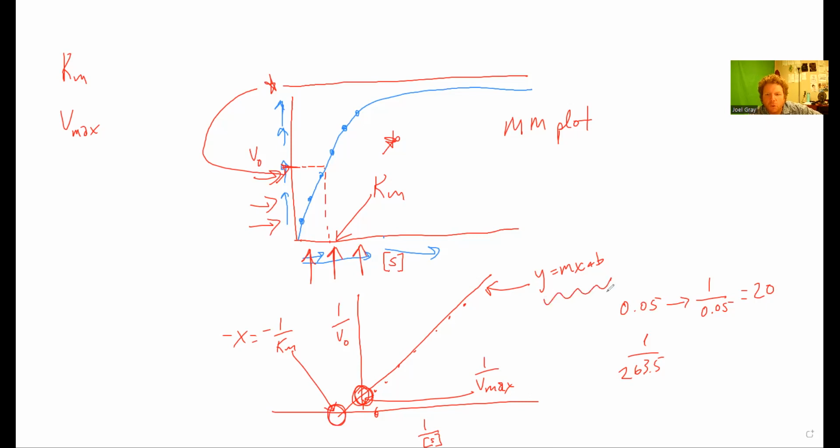So manipulate this equation accordingly to figure out what your x-intercept is and what your y-intercept is. Put those graphs together, come up with a Km and your Vmax, and analyze the data points that you got. Are they similar? Are they different? And go from there. All right, well, I hope this was helpful and hope you have a good one.